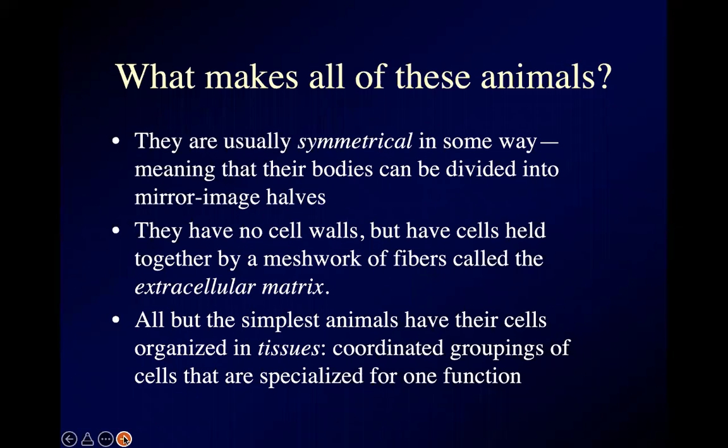Animals don't have cell walls at all, but the cells are locked together by a network of protein fibers, and we call that network the extracellular matrix.